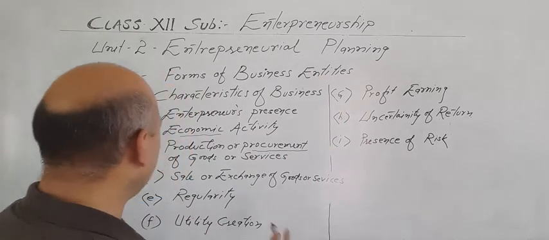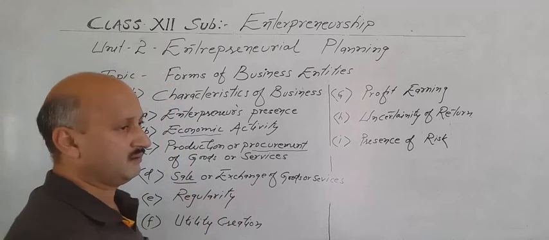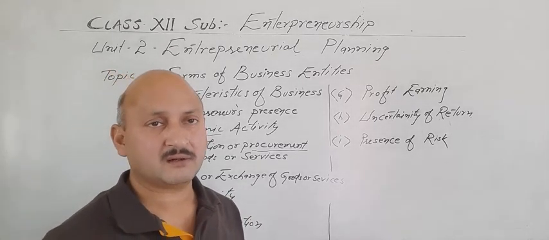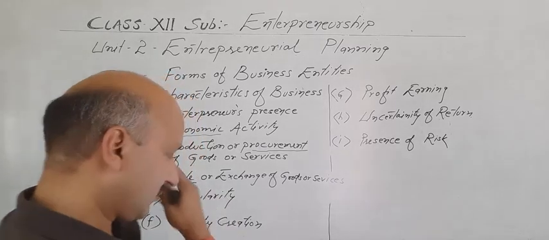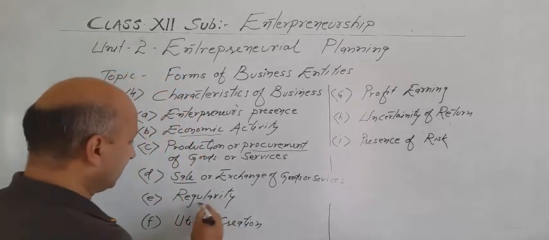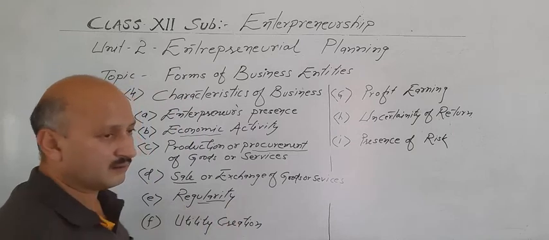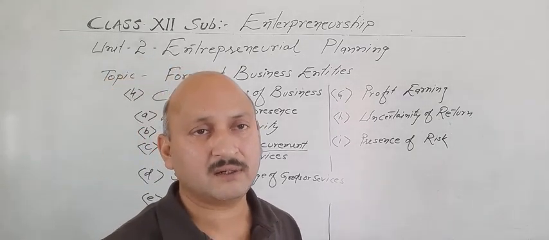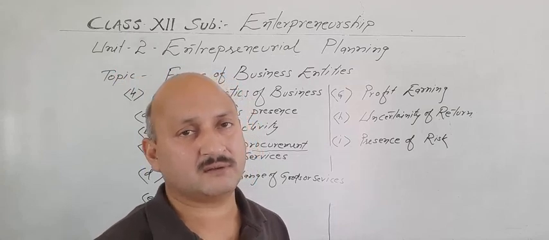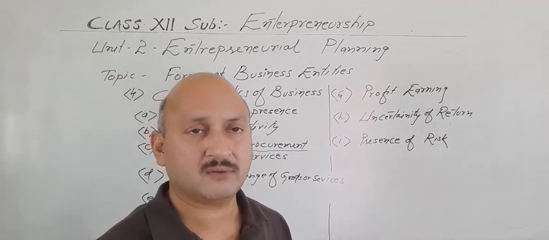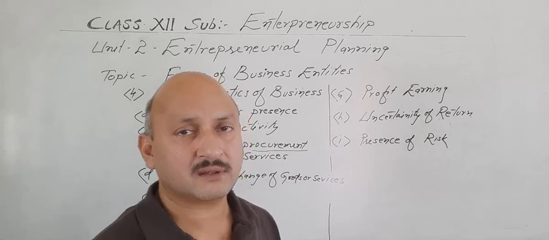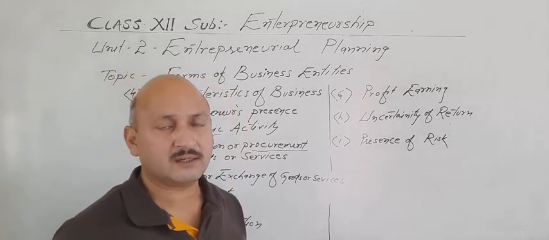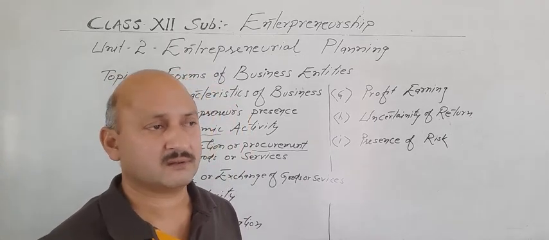So there must be a sale, means something we must get in return for goods. Next is regularity. If we are doing the business for one transaction, then it will not be considered a business. Means we have to regularly engage in such activities like producing and selling. Then only it will be considered a business.